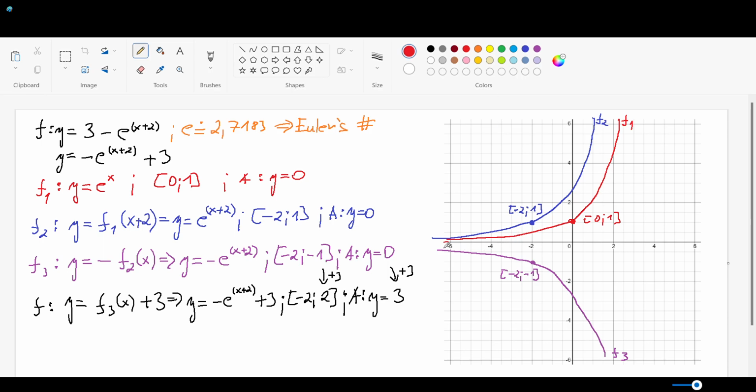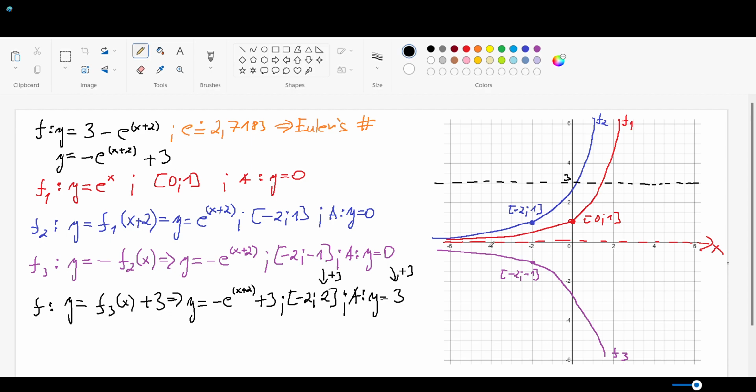We started with the asymptote, let me draw it in red as the x-axis, and our new asymptote is transformed to the line defined by the equation y equals 3.